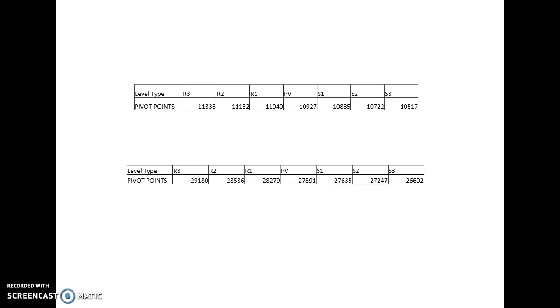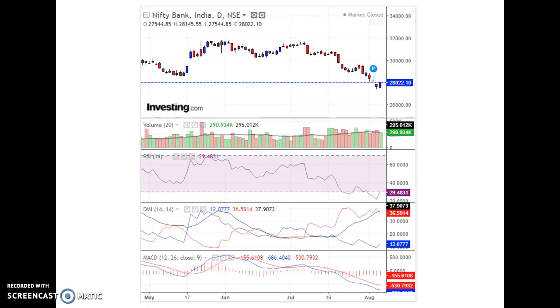On the upside, the key resistance will be placed at 28,279 and 28,535. So this is about the Nifty and Bank Nifty important support and resistance levels for the next day.